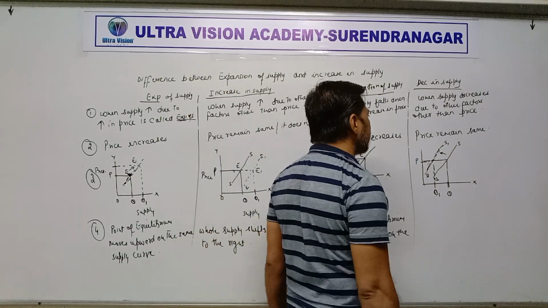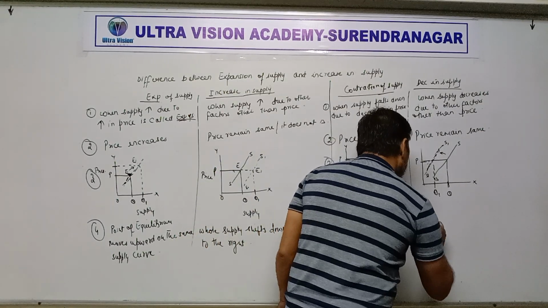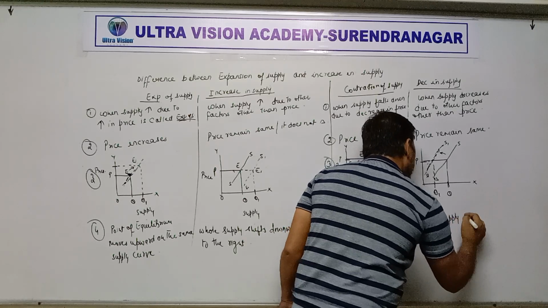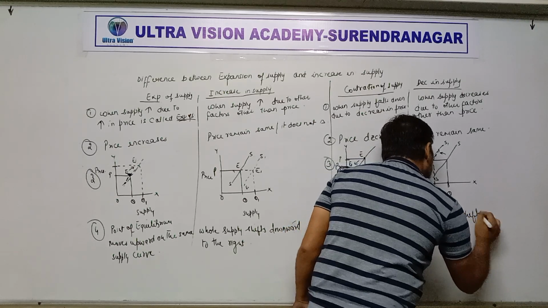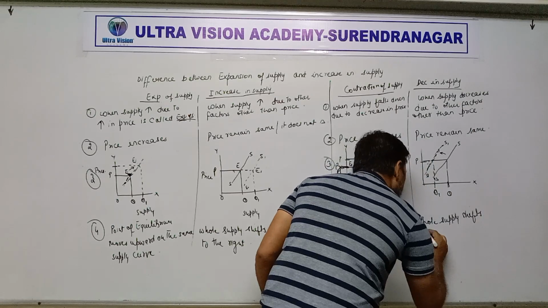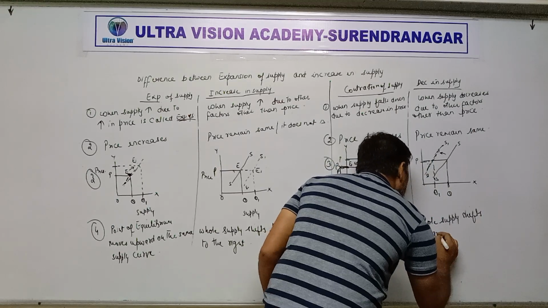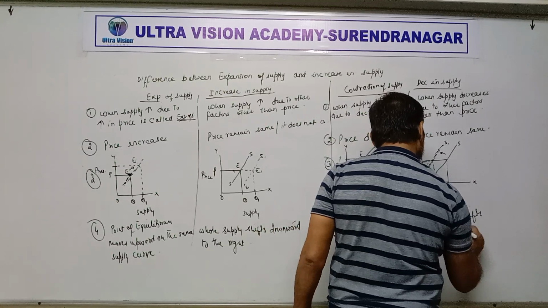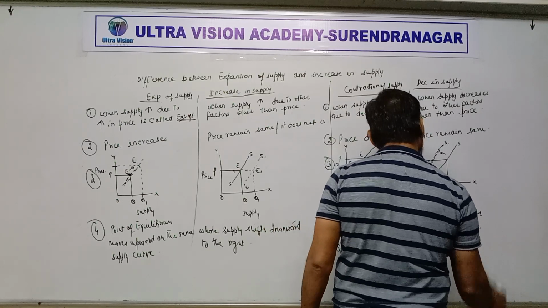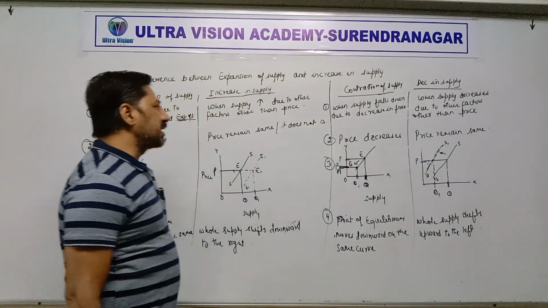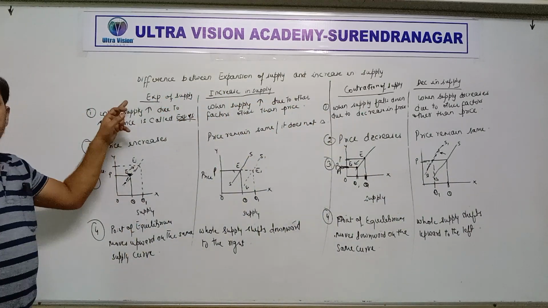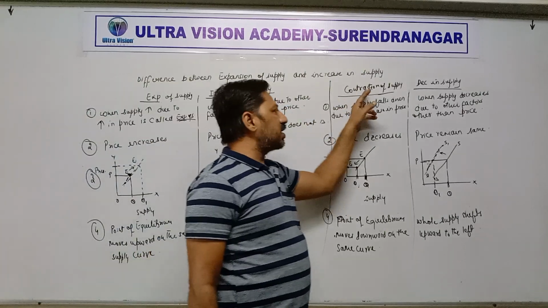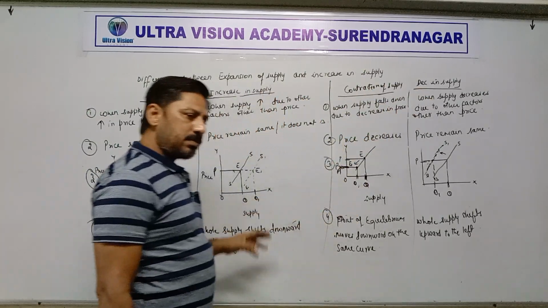But in case of decrease in supply, the whole supply curve shifts upward to the left. These are the differences between expansion and increase in supply, and the second one is contraction and decrease in supply.